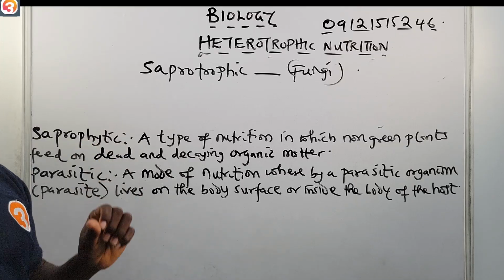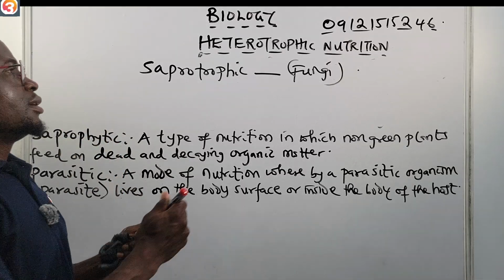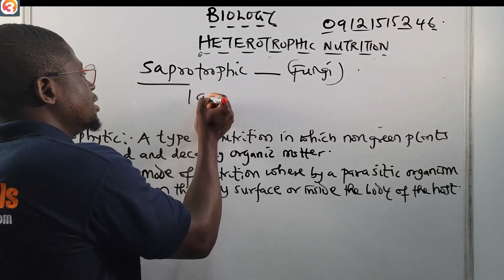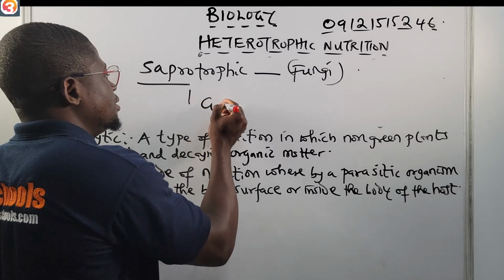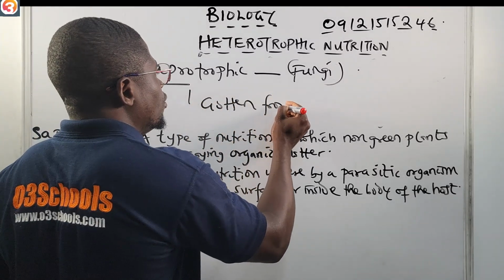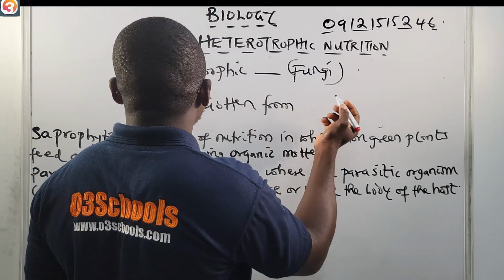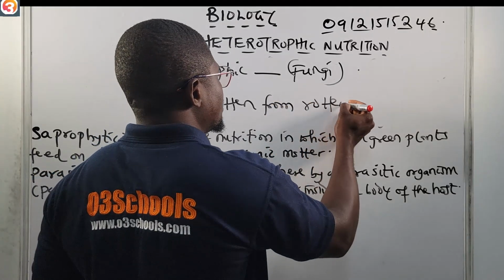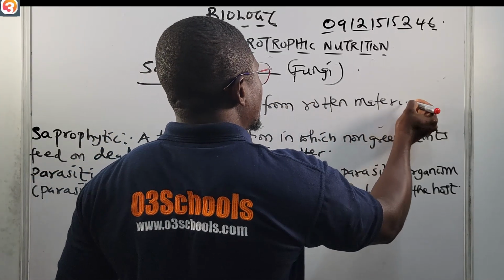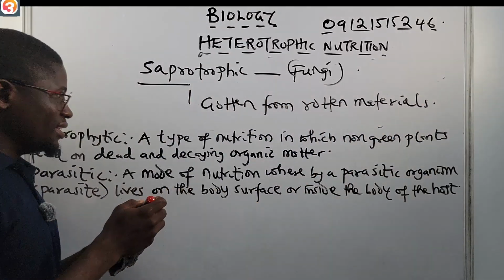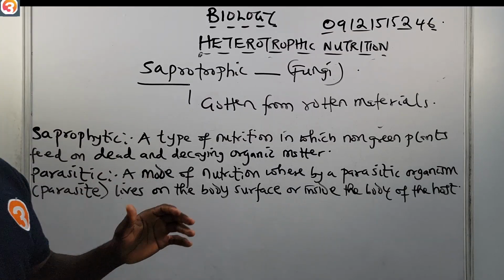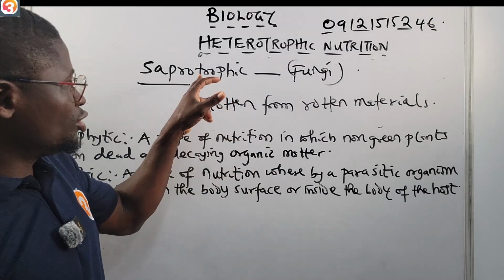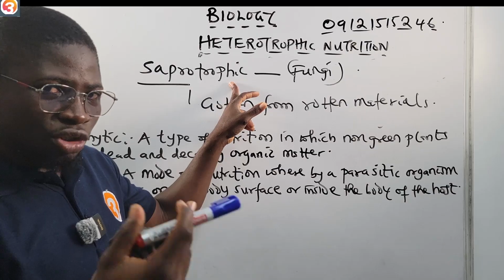Now, sapro itself means gotten from rotting materials. And trophic, you already know, means nutrition.